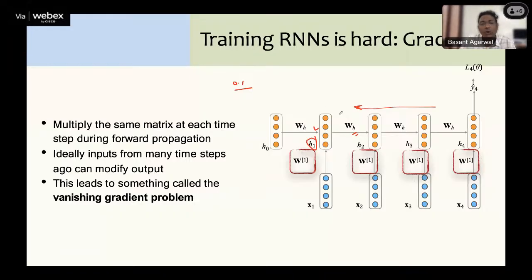Okay, and that is called the vanishing gradient problem. We'll talk about this also when we talk about LSTM, and how it impacts learning in text problems, text classification problems. It will not take care of the inputs in the starting sentences, for example.